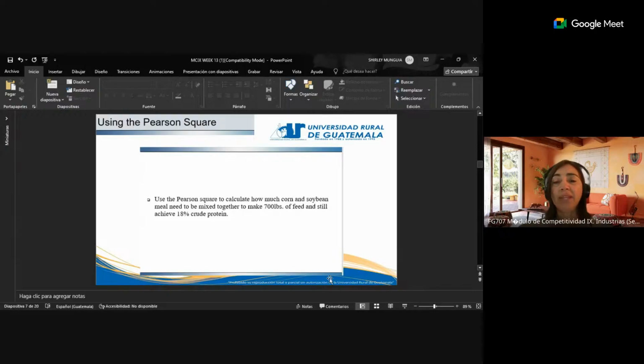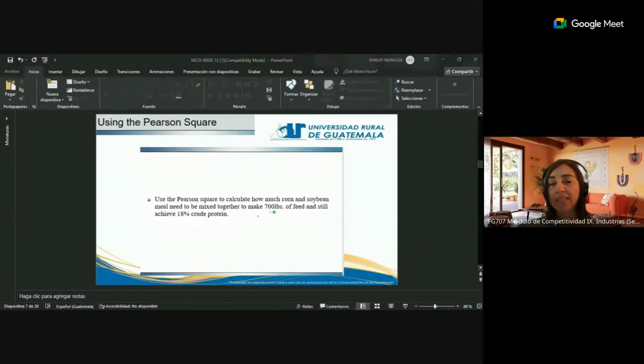So using the Pearson square, we're going to calculate how much corn and soybean meal need to be mixed together to make these 700 pounds that we want for our little piggy, and still achieve 18% protein, because this is the protein that we want our little piggy to have.